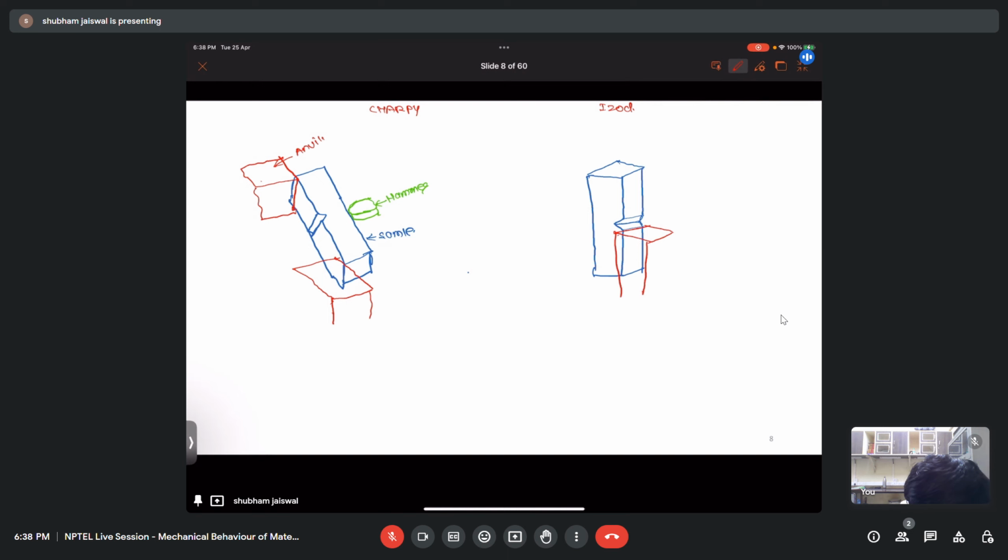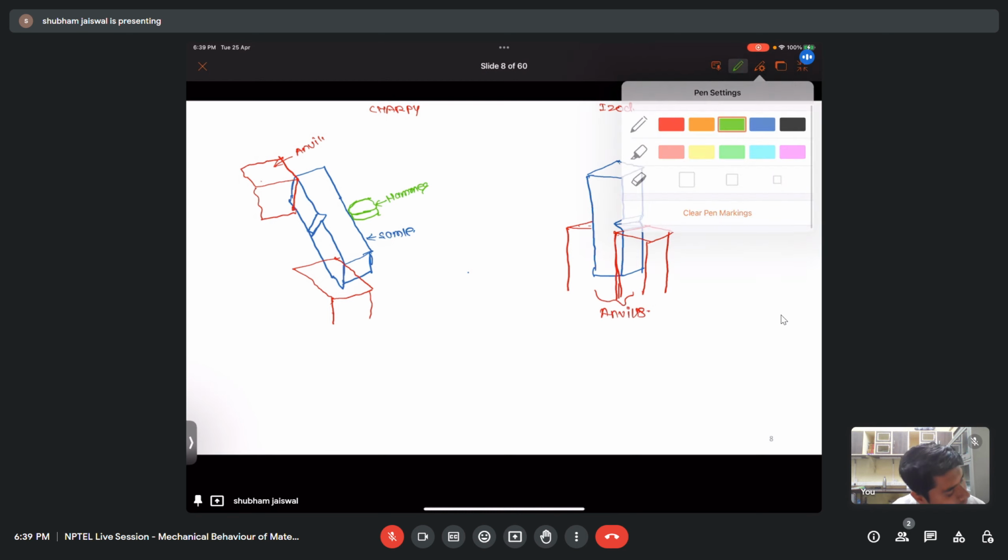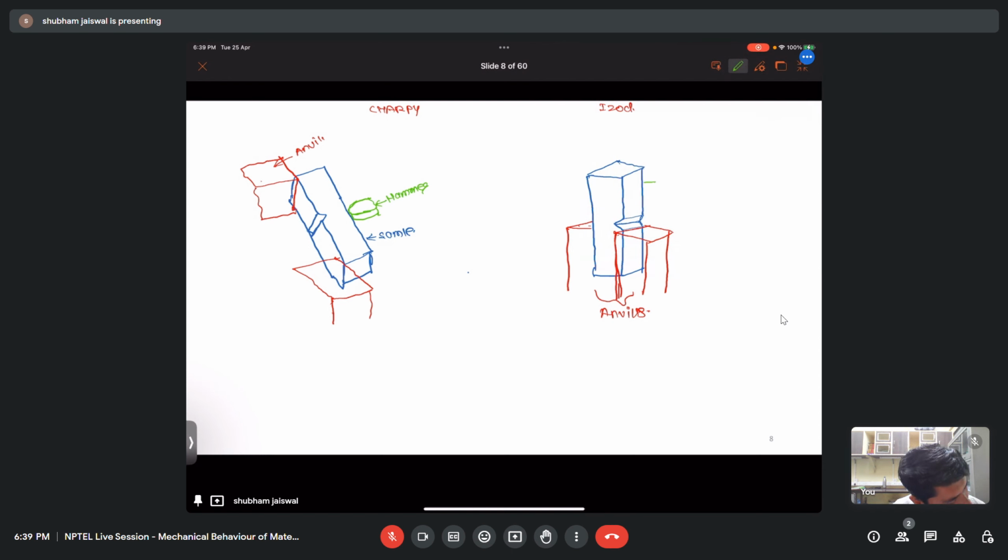Okay, so these are my anvils, and let's say this is the direction of striking of hammer.